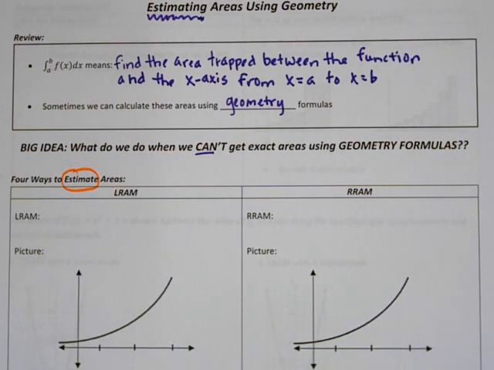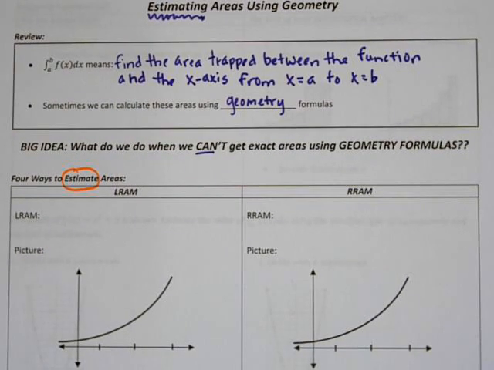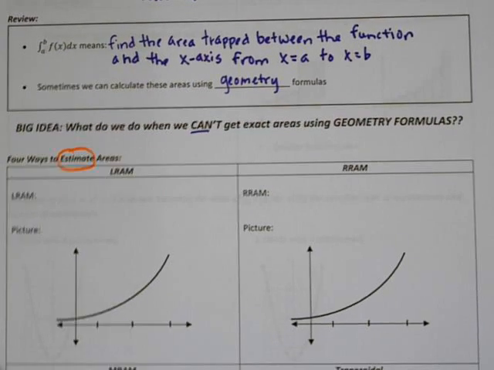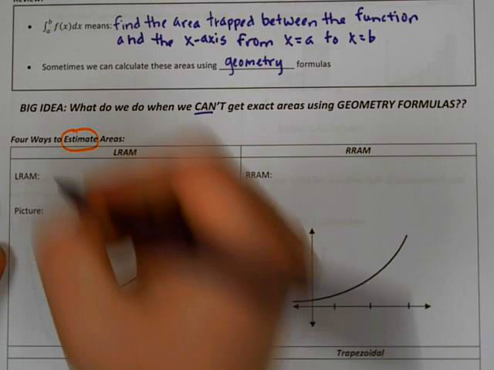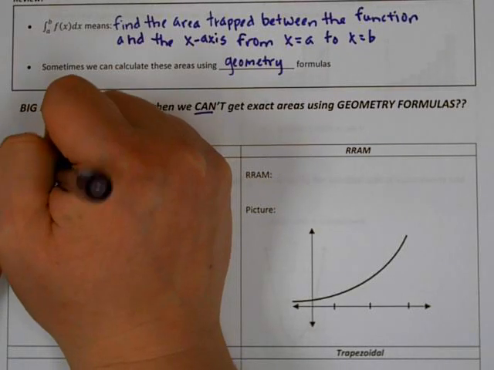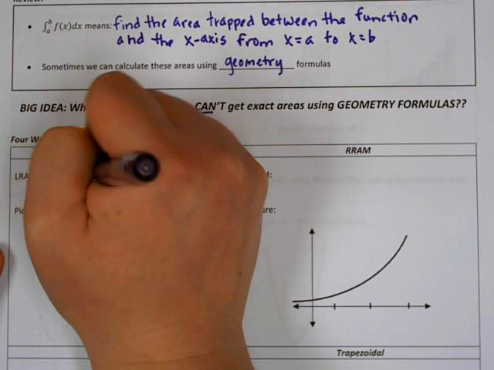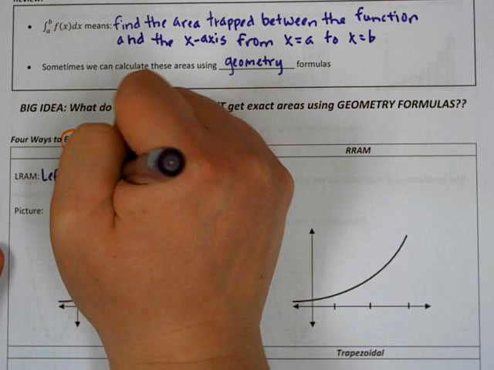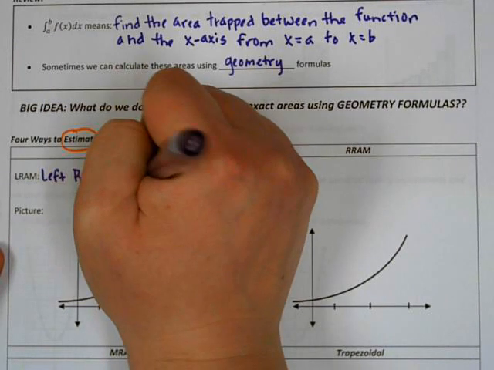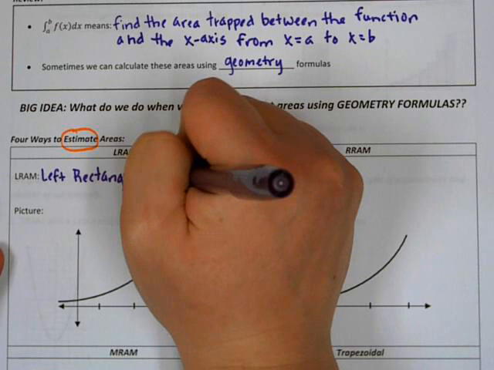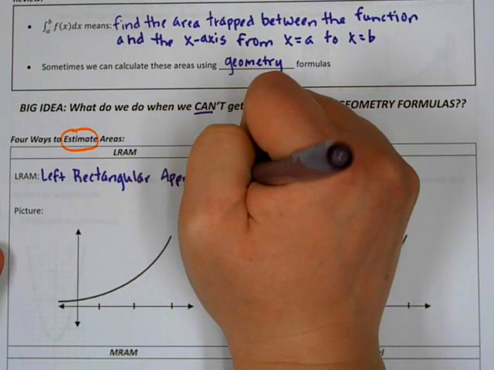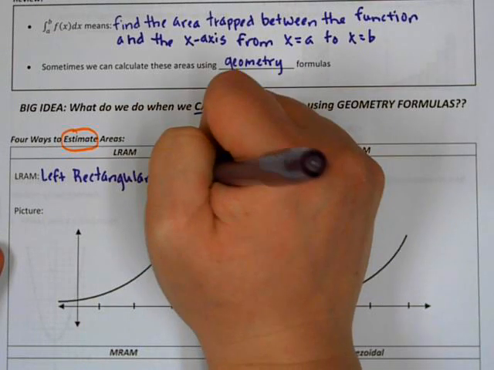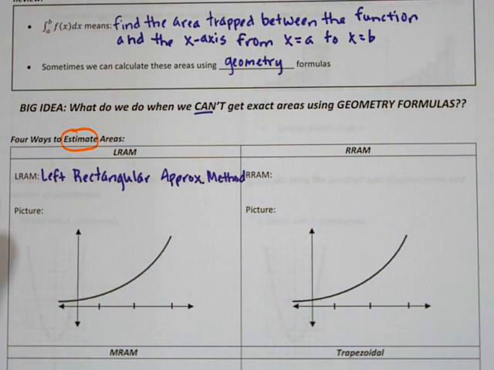All right, and there are 4 ways that we use to estimate these areas. The first one we're going to talk about is LRAM. LRAM stands for left rectangular approximation method.